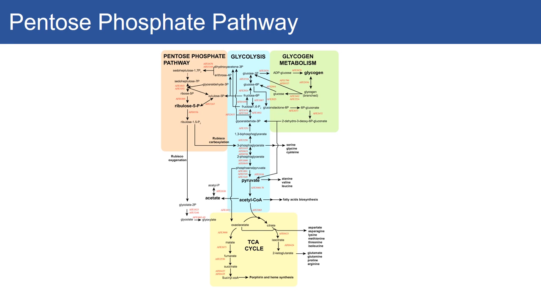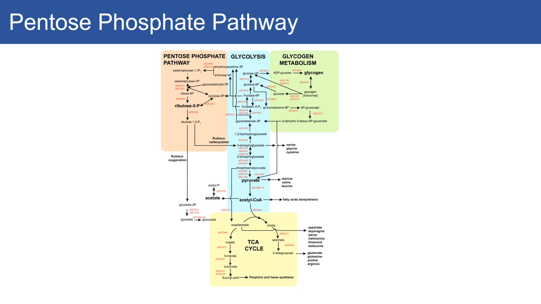We'll discuss that in greater detail in the coming slides, but the important part to note on this picture is that there are exit ways from glycolysis into the pentose phosphate pathway, as well as entry points back into glycolysis, as well as the TCA cycle.